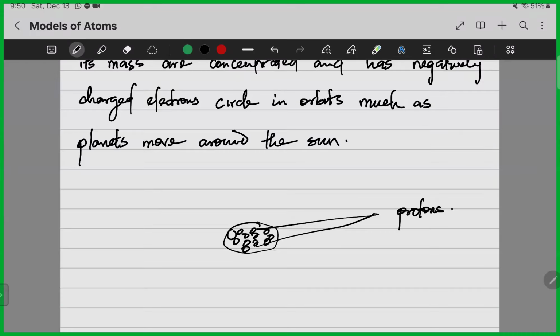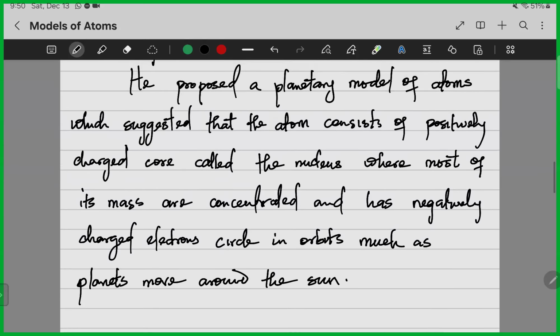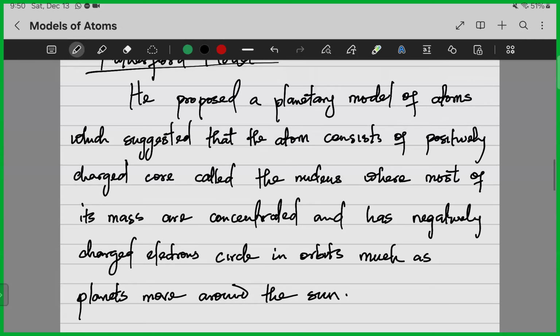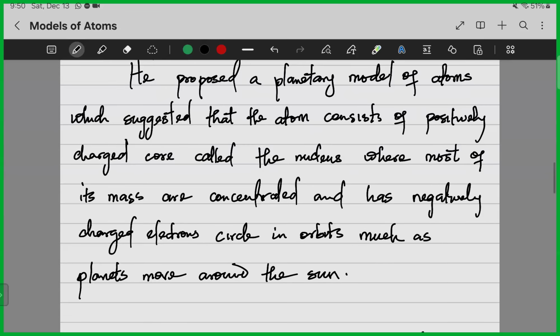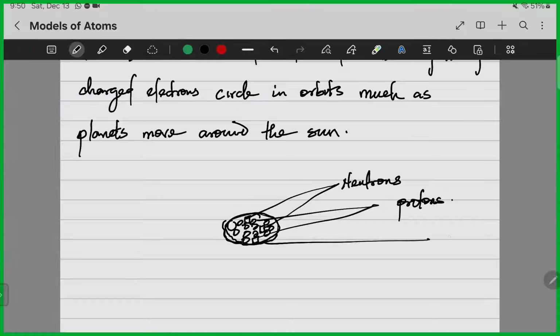It consists of a positively charged core, protons, and this core that contains those protons, and I'm going to put the neutrons as squares, and neutrons, that core that contains protons and neutrons is called the nucleus.